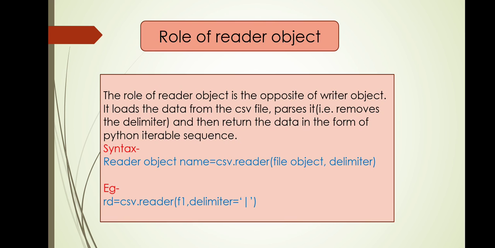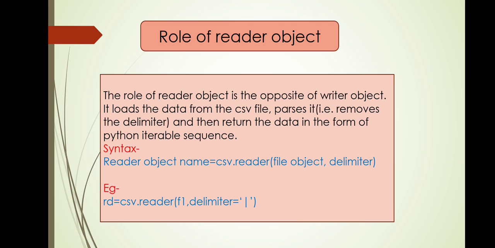So coming to the role of reader object. See, the reader object is the opposite of writer object. Writer object was writing the data in the CSV file in a particular format. In the same way, reader object is reading the data, getting the data from the CSV file and converting it into the format after removing the delimiter.